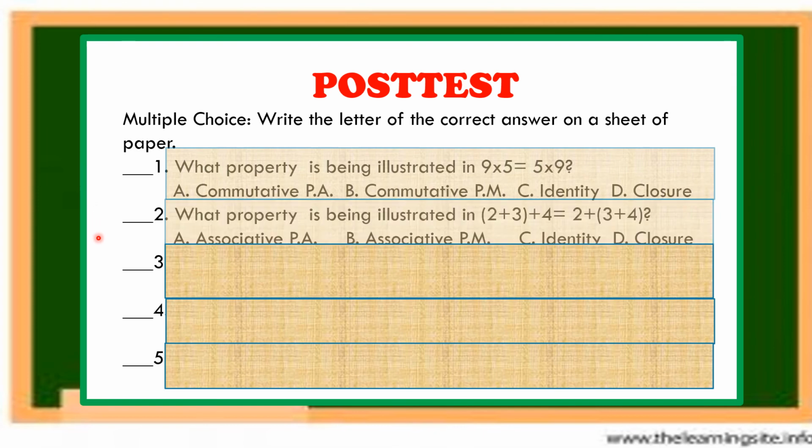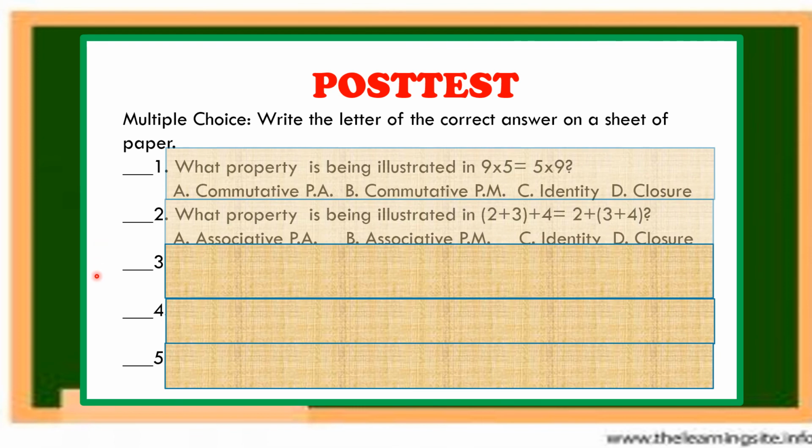Number 2, what property is being illustrated in the quantity of 2 plus 3 close quantity plus 4 equals 2 plus the quantity of 3 plus 4 close quantity? Letter A, associative property of addition. Letter B, associative property of multiplication. Letter C, identity property.